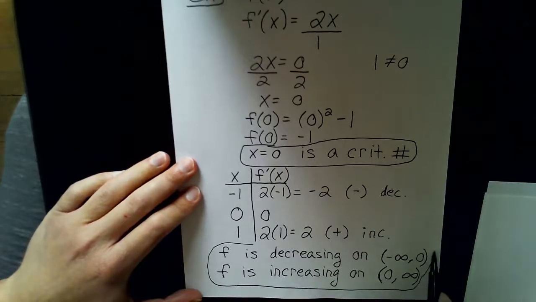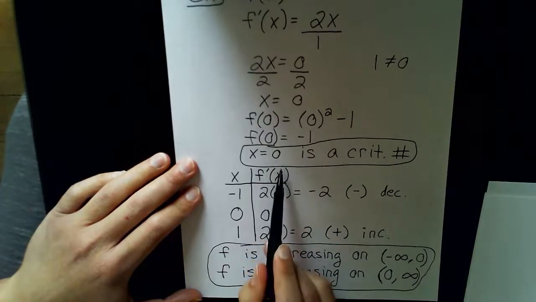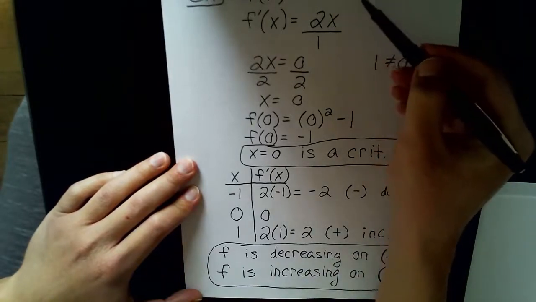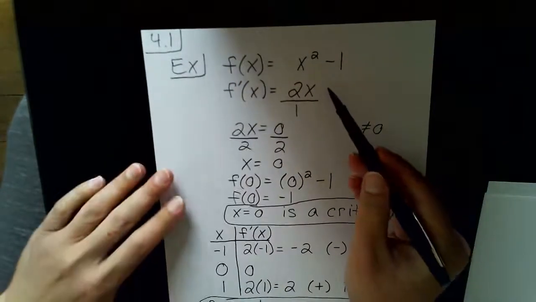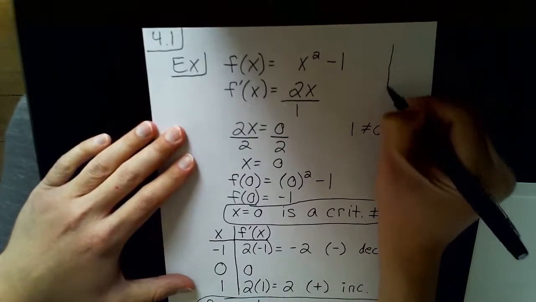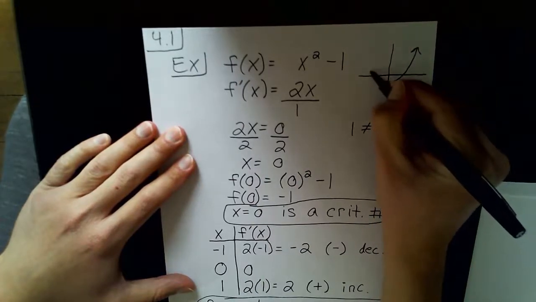So we have just found the critical number, x equals 0, and we've also found where the function is decreasing on the interval negative infinity to 0, and where it is increasing on the interval 0 to infinity. Which makes sense when you think about what the graph of x squared minus 1 looks like. That's a parabola that would look something like this, just to give a quick sketch.